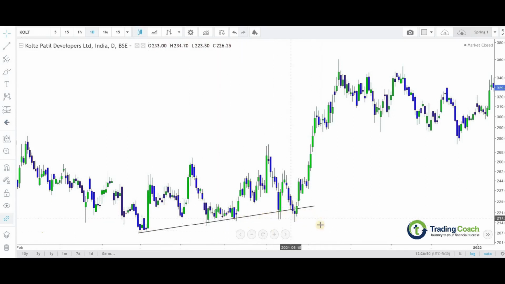Now within this range, I want you to focus exactly at this particular point. Here, you can see that we have a nicely bounded parallel support, an excellent support. Every time the prices touched this support, the prices kept bouncing back, and the market kept going upside.